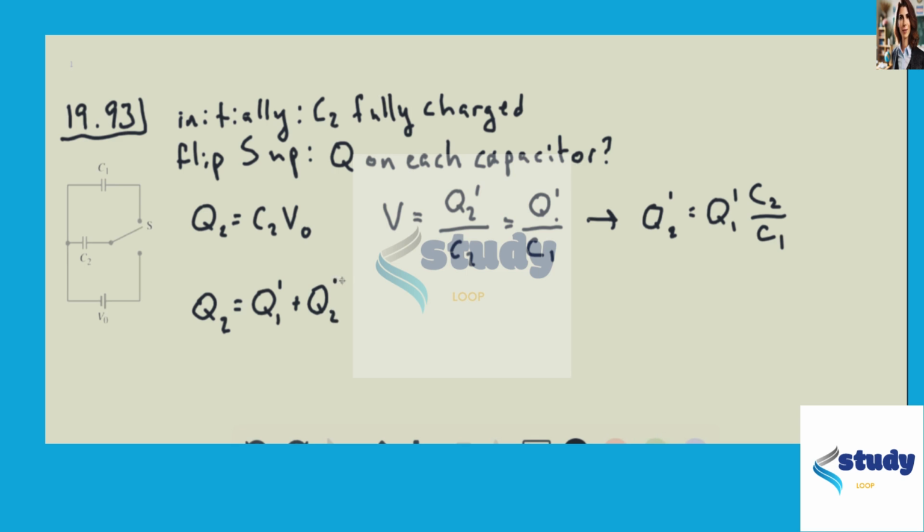Q2 prime, now this is also going to be Q2 prime, which we already know is Q1 prime times C2 over C1, plus Q1 prime. So this is the charge on capacitor 2, this is the charge on capacitor 1.